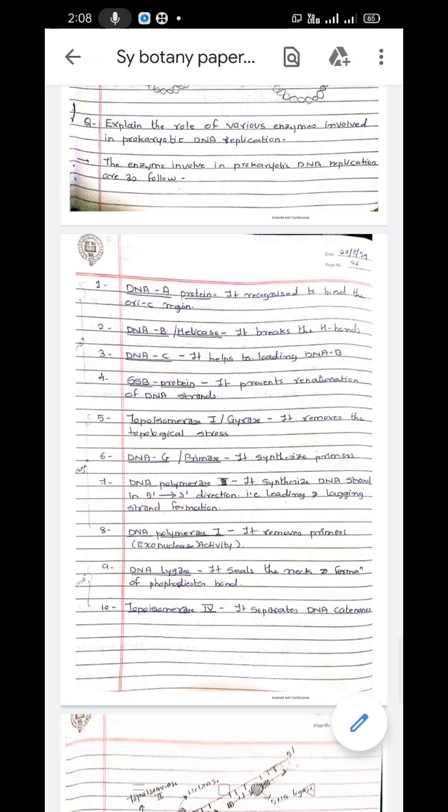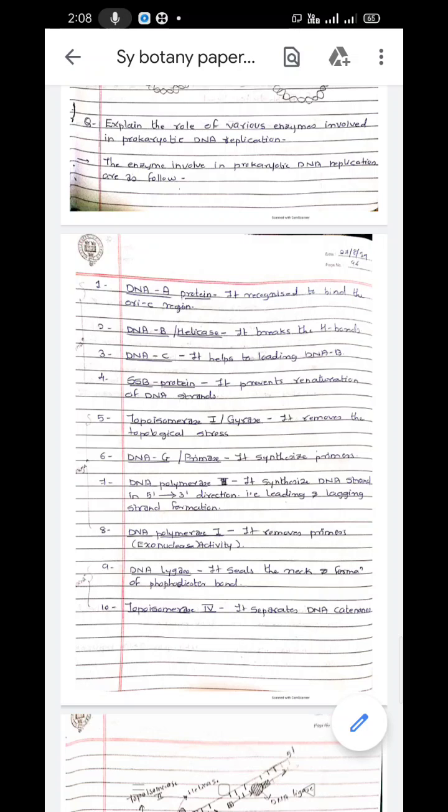To prevent this stress on the remaining part of the DNA, topoisomerase 2 enzymes bind to the DNA on both sides, so the stress on the DNA will be reduced.